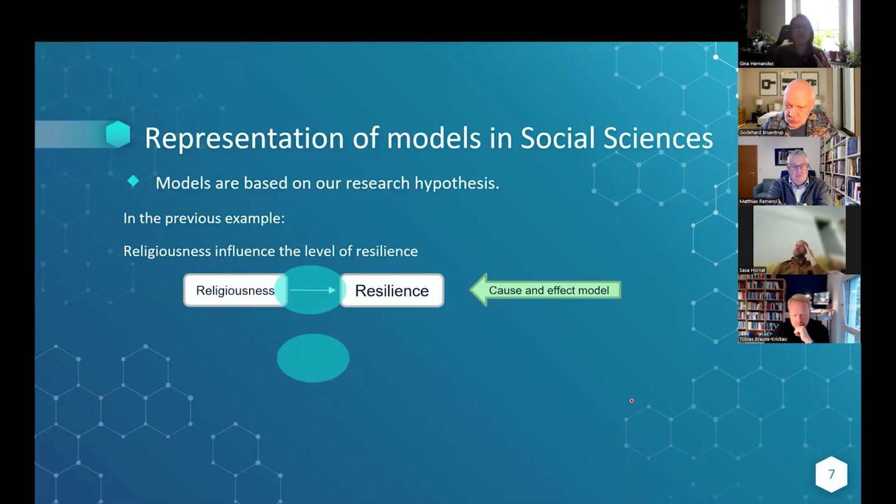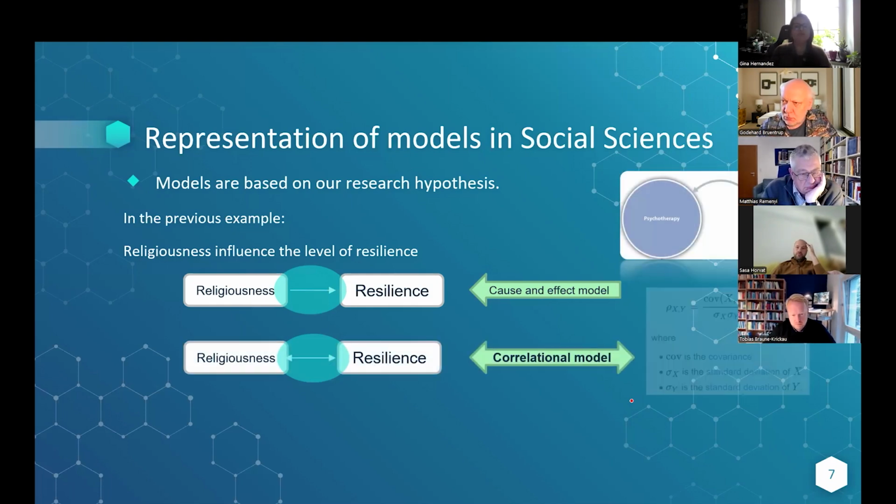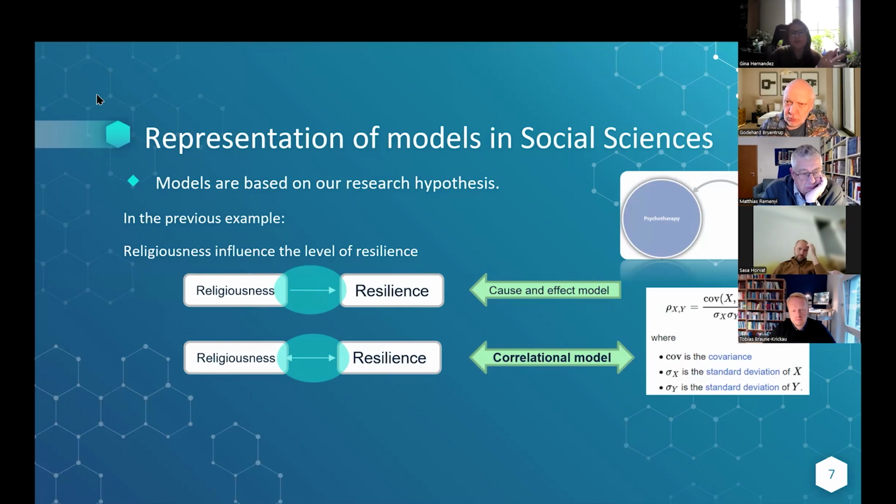So I have here for you some examples of how we can represent statistical models. It can be really simple or it can be really complex. For example, before we were talking about religiousness, and we were wondering if being religious will lead you to be more resilient after an adverse event. I can represent the model visually in this way.